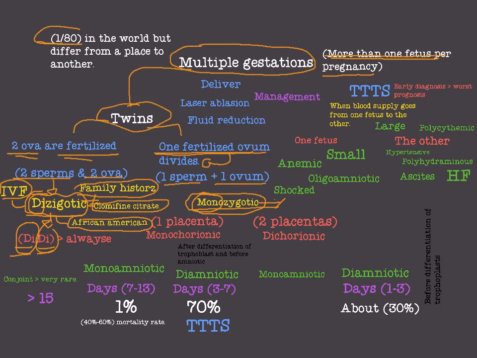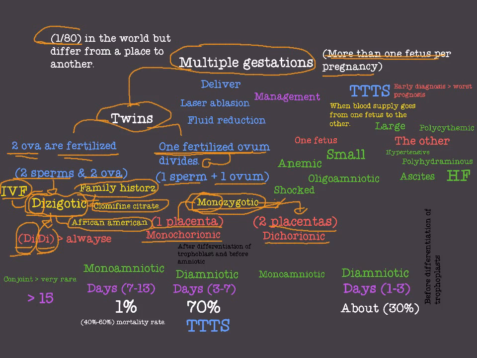But in monozygotic babies, we may have a lot of possibilities. First of all, we may have one placenta or two placentas. One placenta means monochorionic, two placentas dichorionic.